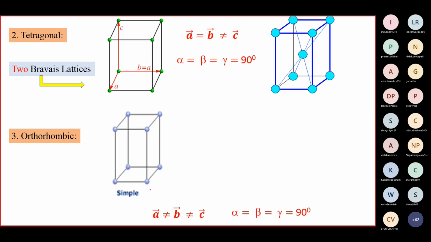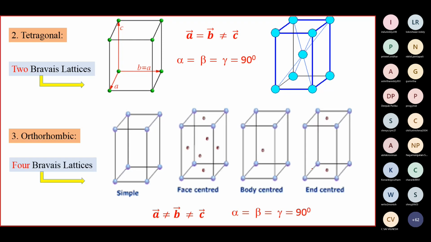In orthorhombic, a is not equal to b, not equal to c, but alpha, beta, gamma equal 90. Here it has four Bravais lattices. One is simple, next is face-centered, third is body-centered, fourth is end-centered, also called base-centered.